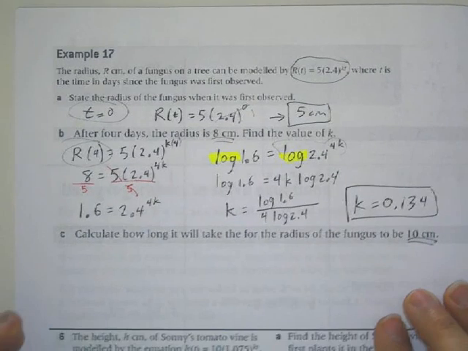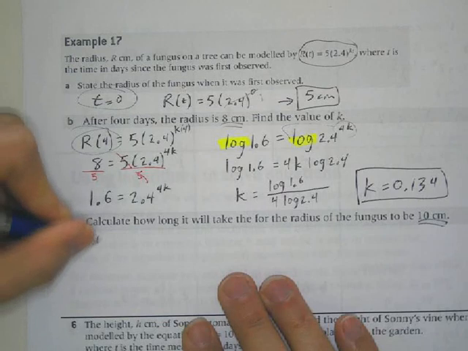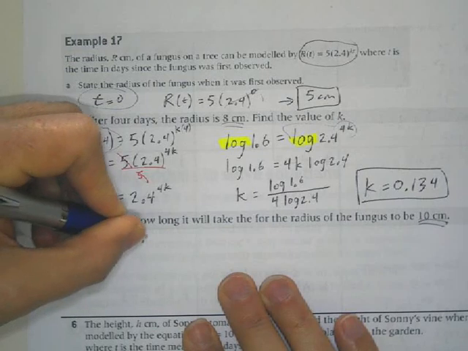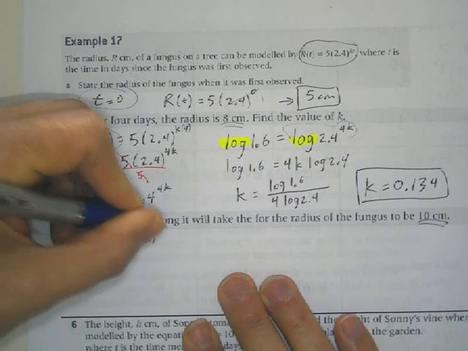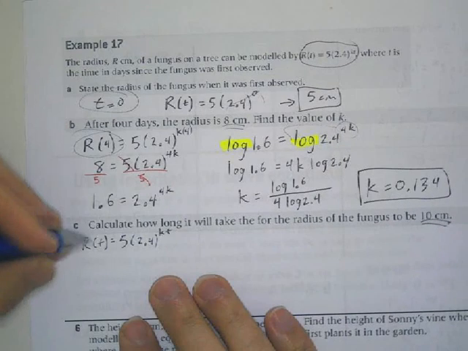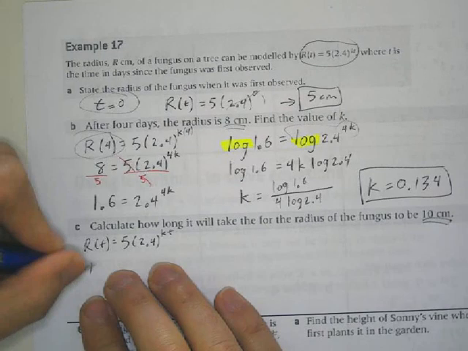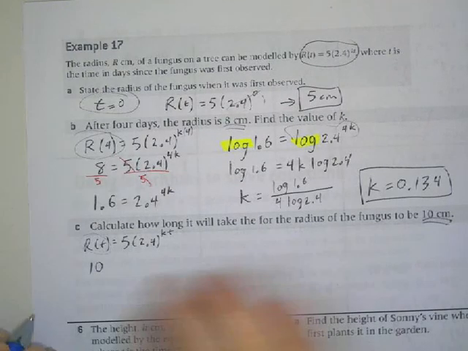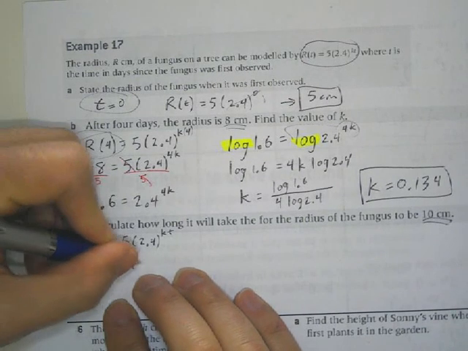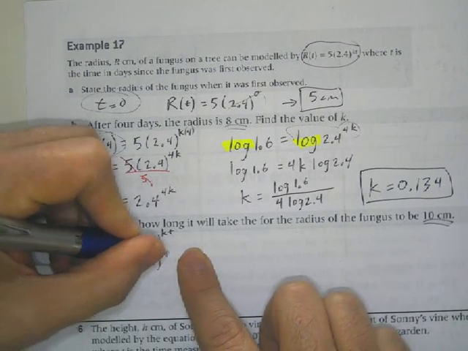So we've got our function. We know k is this decimal, and we want the final value here, so we're going to replace this with 10. So we get 10 equals 5 times 2.4 to the power of 0.134t.